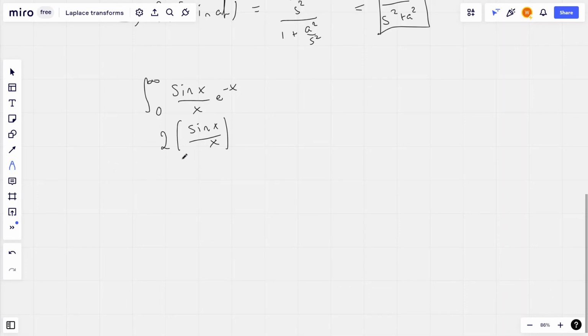So now I am going to use a property of the Laplace transform, which will be derived in another video. If we have the Laplace transform of some function over t, then this is just equal to the integral from s to infinity of the Laplace transform of the function itself.